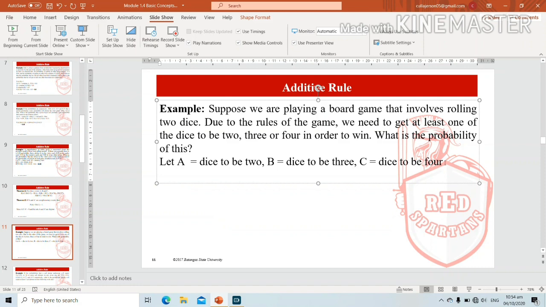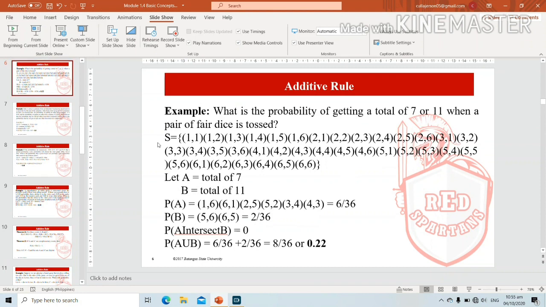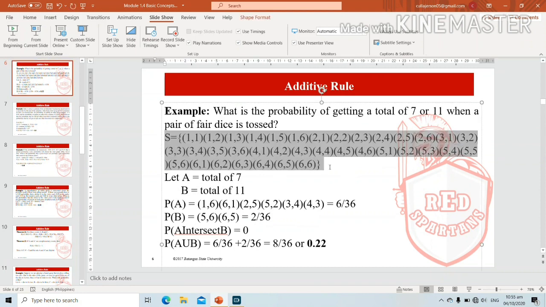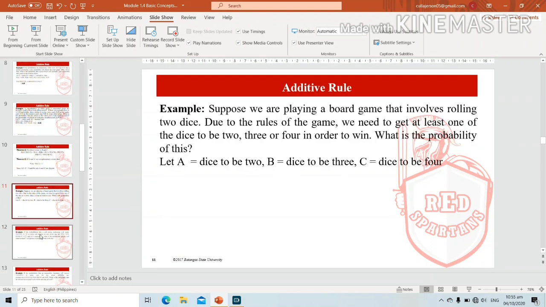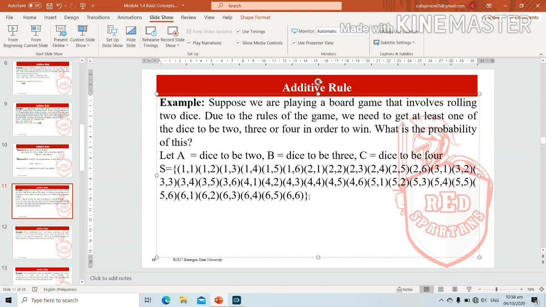So, kunin ulit natin yung kanyang sample space. I-copy natin ito kasi gagamitin natin to. So, yan yung ating sample points, sample space.